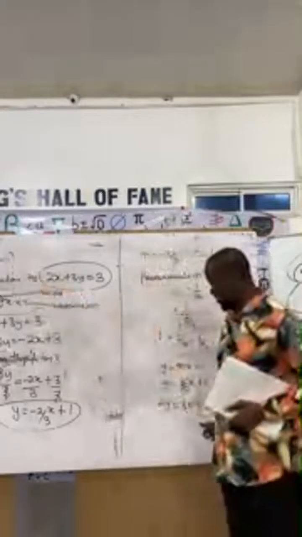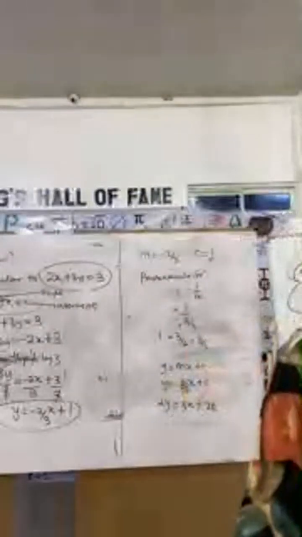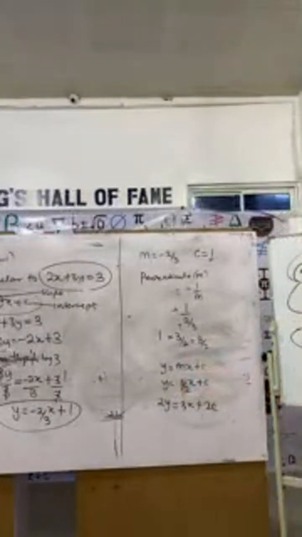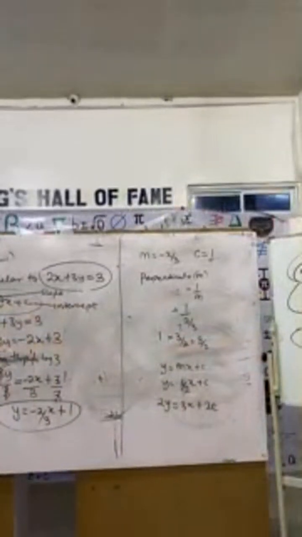We can get what? c. That means that we are writing it up.